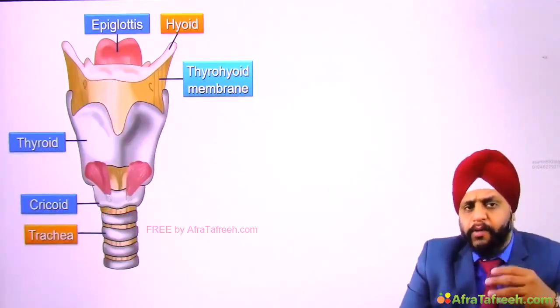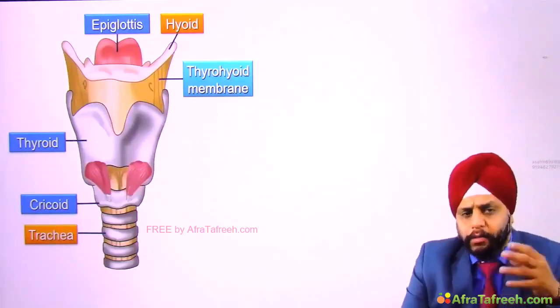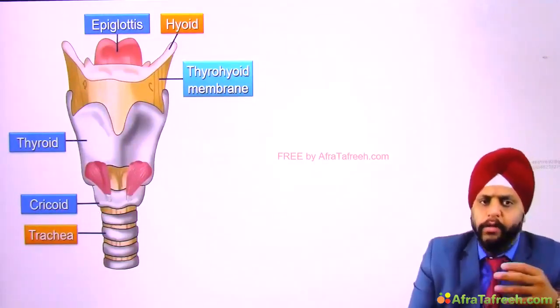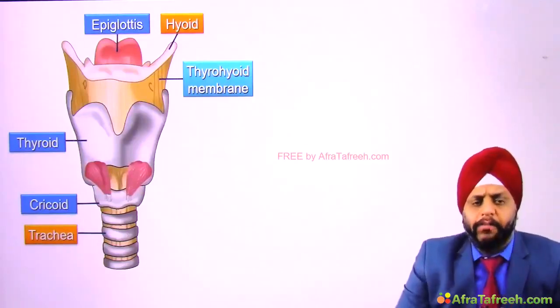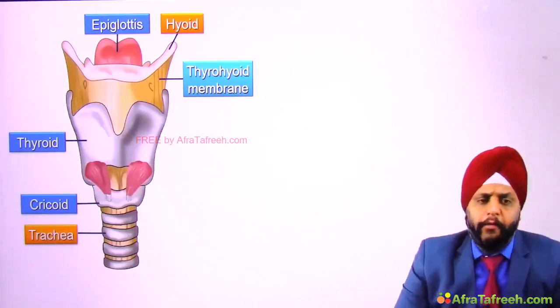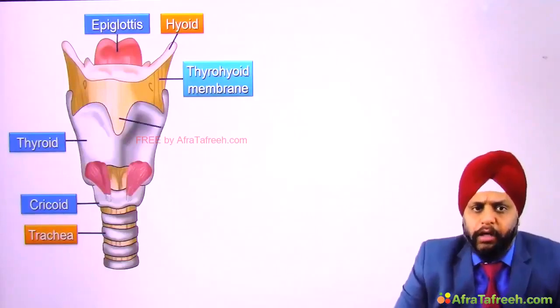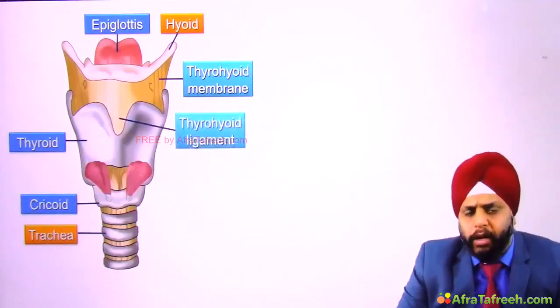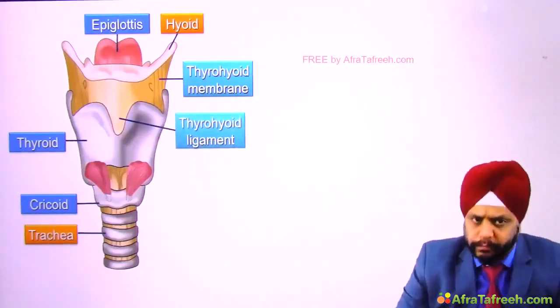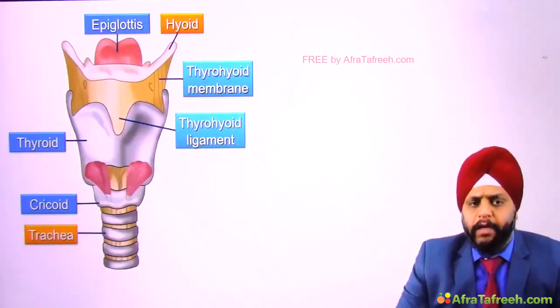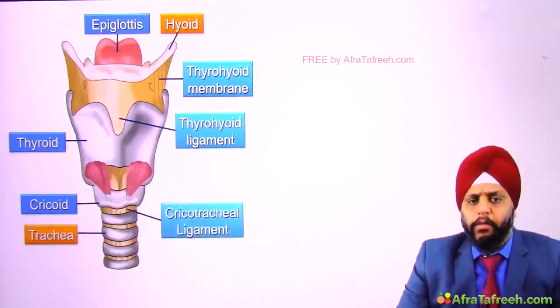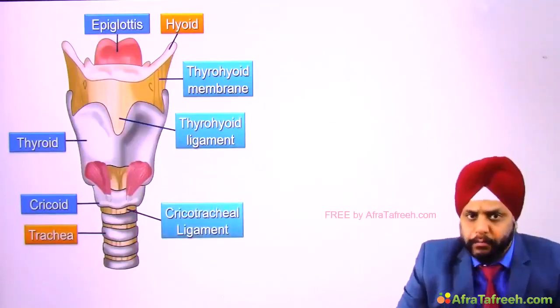Suppose this membrane is between hyoid and thyroid, so thyrohyoid. In the center, this membrane becomes thick and forms a ligament, which we call the thyrohyoid ligament. Similarly, between cricoid and trachea, we have a ligament we call the cricotracheal ligament.